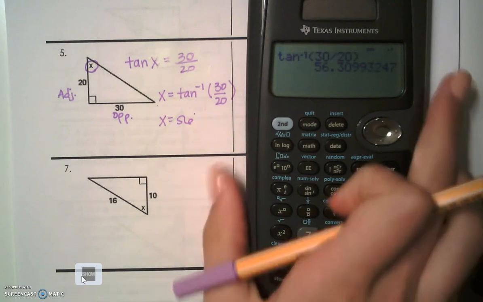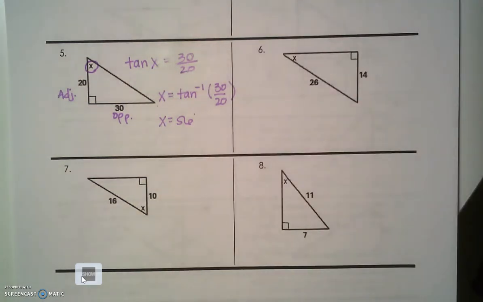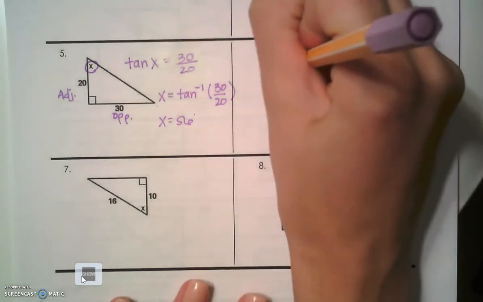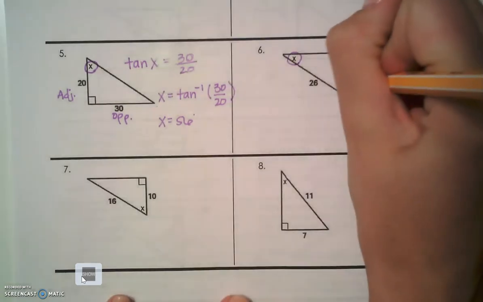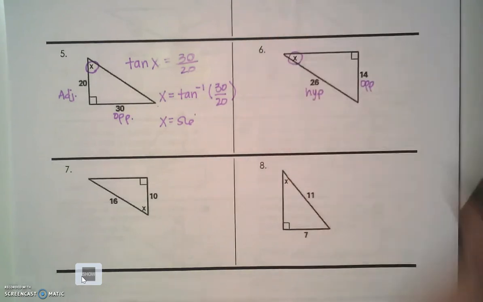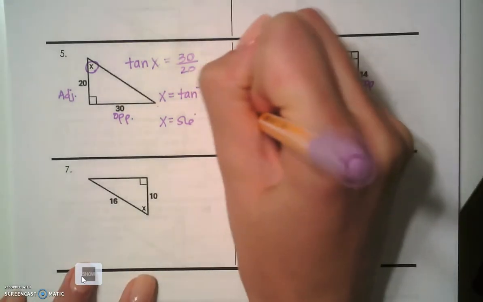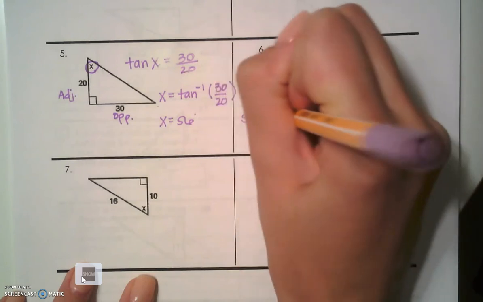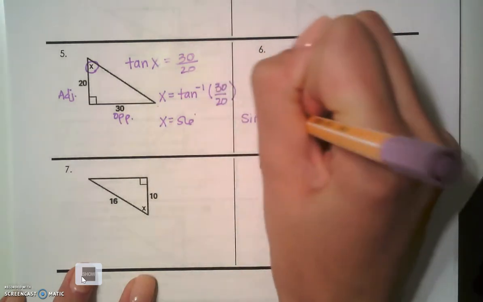So let's try this again. Let's start with our acute angle. We have the opposite over the hypotenuse. So that tells us we're using the sine of x equal to the opposite over the hypotenuse.